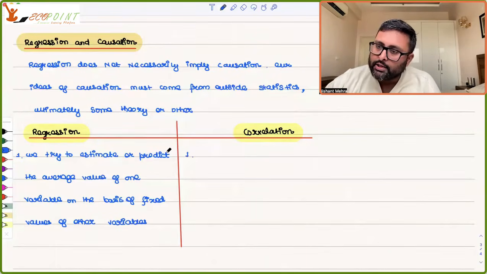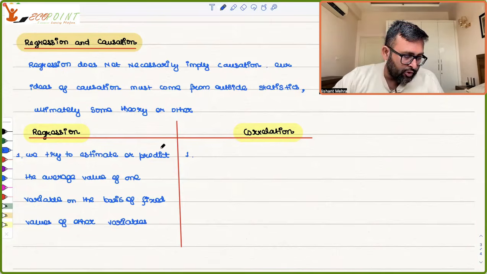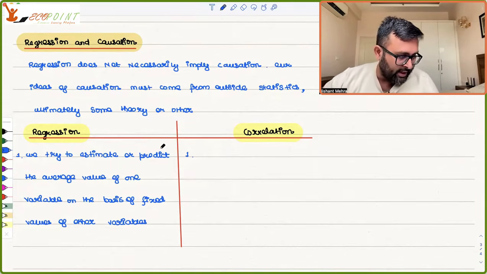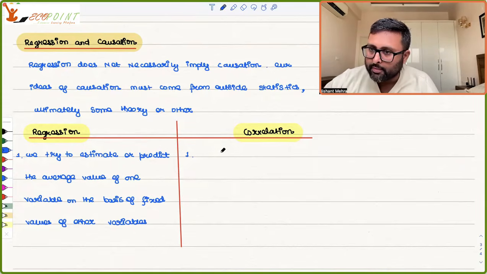In case of correlation, what do you do? In case of correlation, you try to find out the strength between the two variables, or the degree of linear association between the variables.